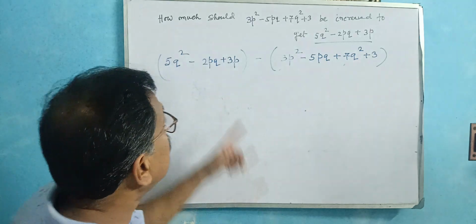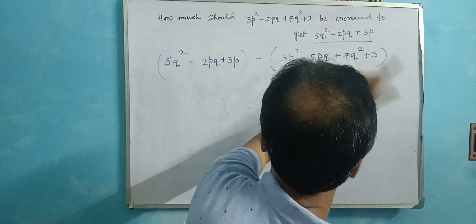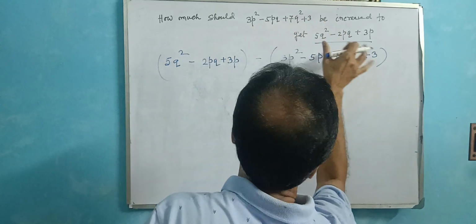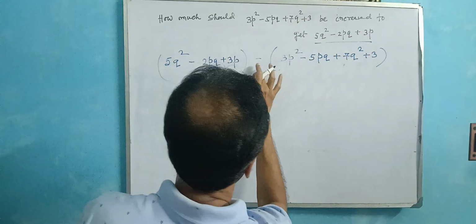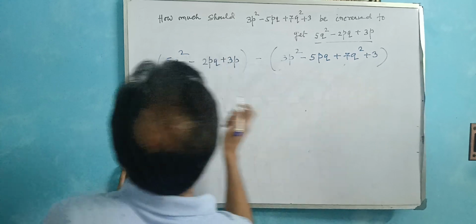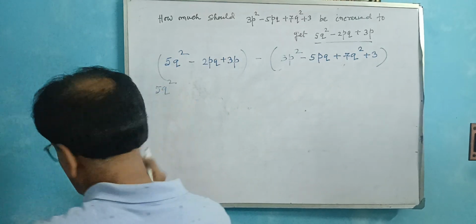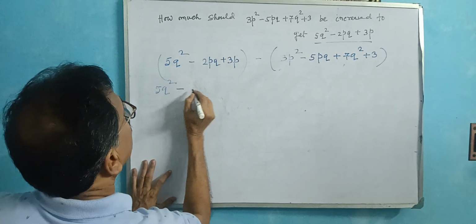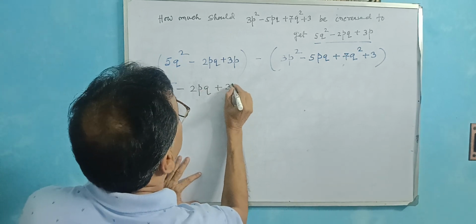Okay, so for that reason, how much should this be increased to get this, which means a greater number. So these are subtracted from this. From the one you write first, then the sign is the subtraction sign. Now write 5q square minus 2pq plus 3p.